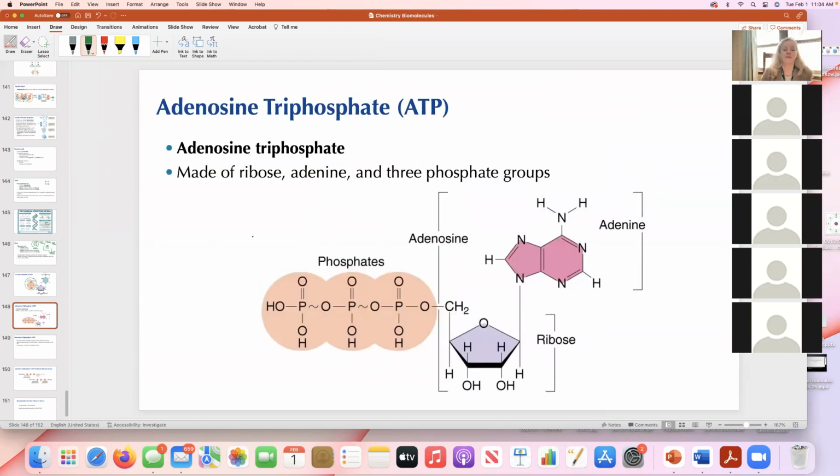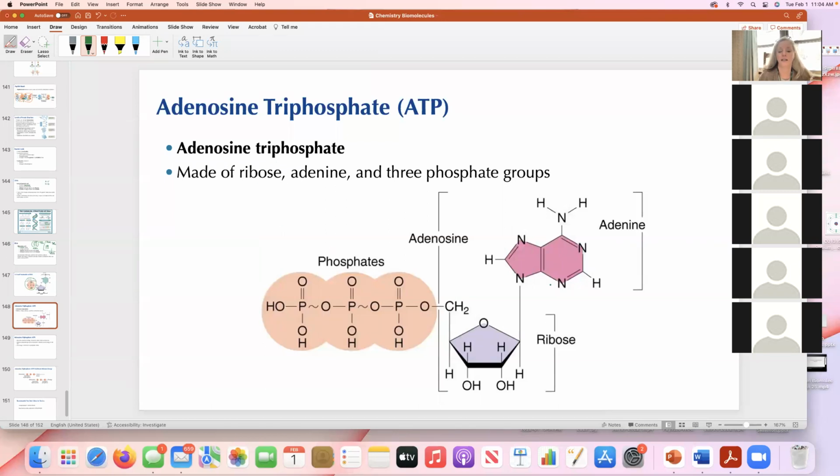Now, if we also want to look at not just DNA and RNA, we also need to look at the big molecule of ATP, adenosine triphosphate, because it too is made of these nitrogenous base groups and the sugar groups. So they're similar in their structure.